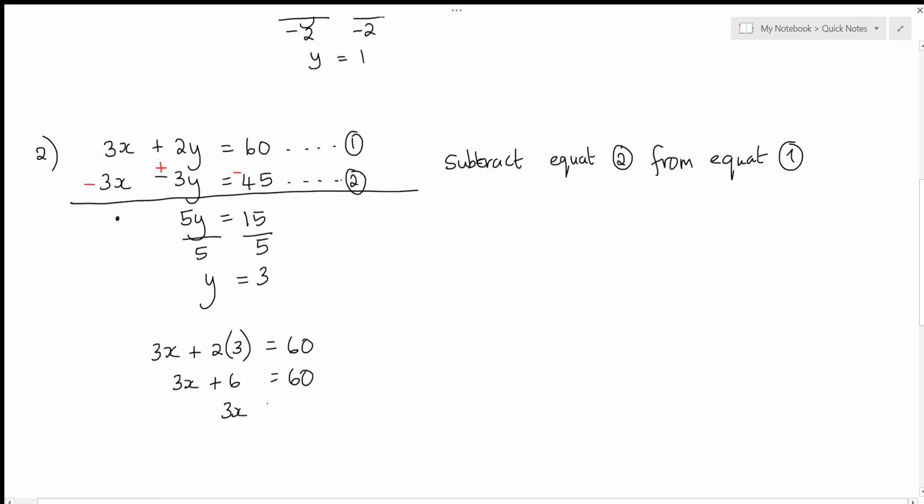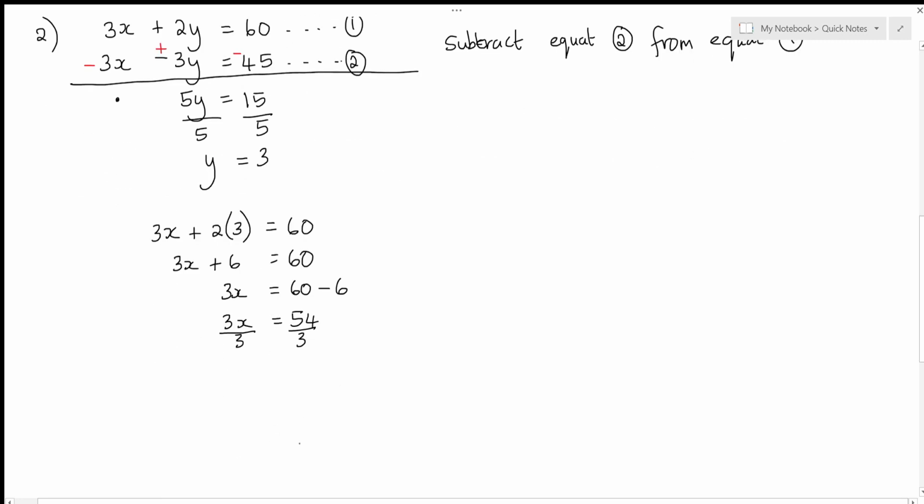And 3x is equal to 60. Subtract 6. And 3x is equal to 54. Now we're going to divide both sides by 3. And we'll see if 3 goes into 54. 3 divided by 3 is 1x.